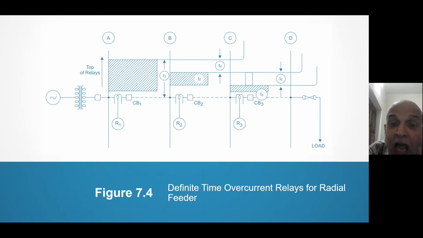I also make R2 reach up to D for minimum generation, because I have shown here only one generator, but there are 5, 6, 7 generators. So at night time, when fewer generators are working, R2 should still give backup to R3. That is how I am doing it. So all problems of instantaneous overcurrent relays are solved.